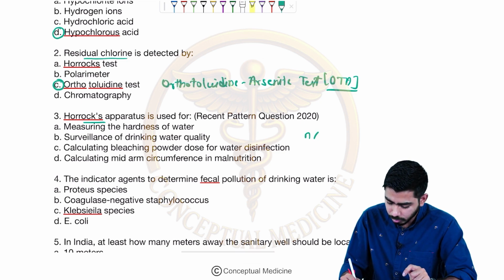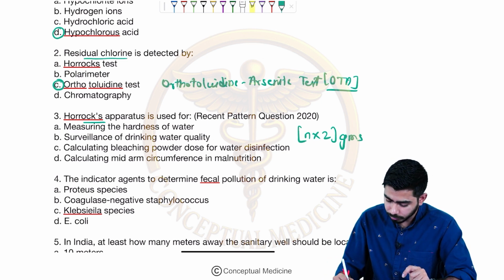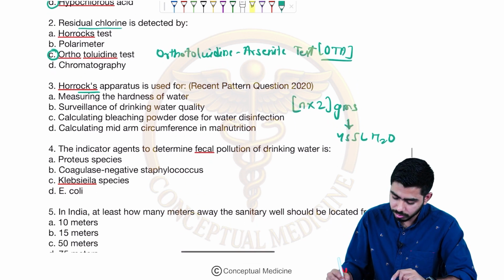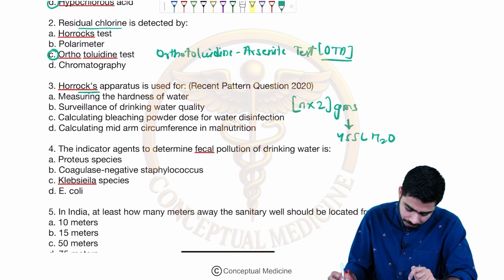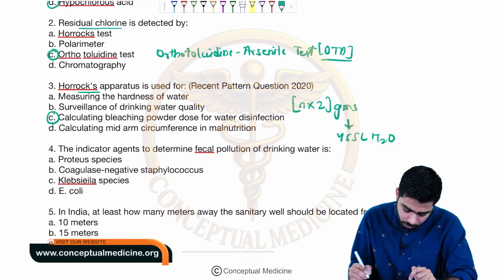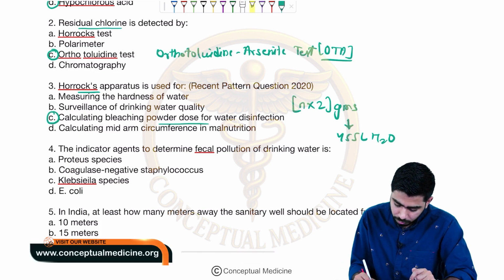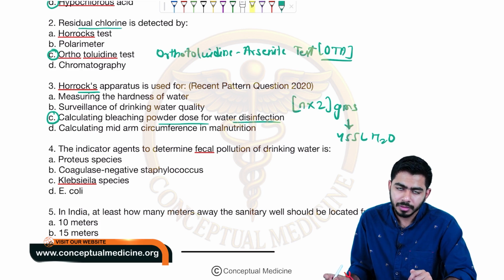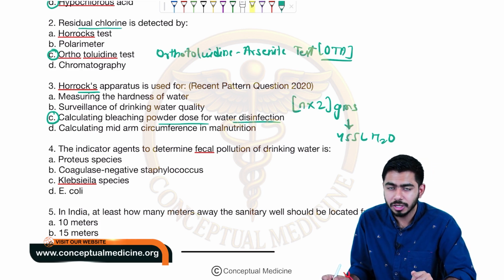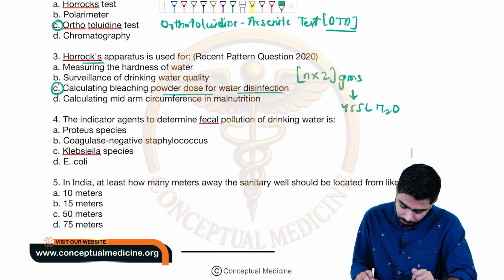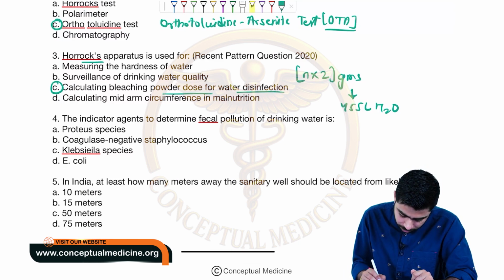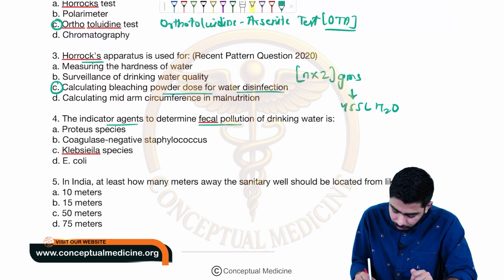The formula was N into 2 grams of bleaching powder, which is used for 455 liters of water, right? So here they are simply asking for what purpose we are using it: calculating the bleaching powder dose for water disinfection. And I told you that disinfection of wells is done by bleaching powder itself.